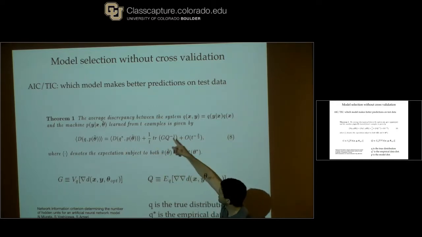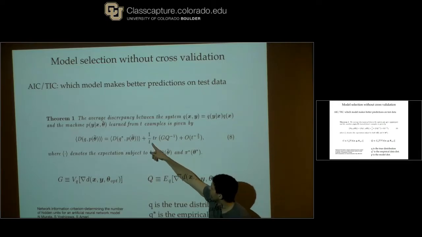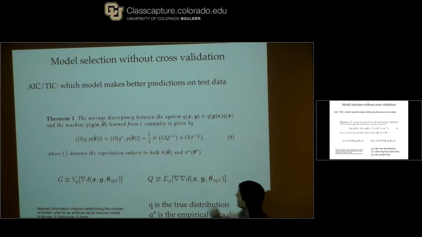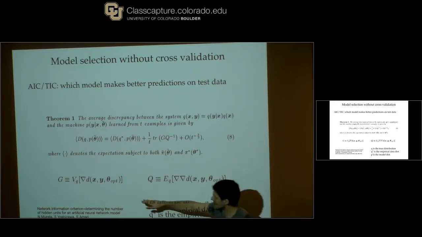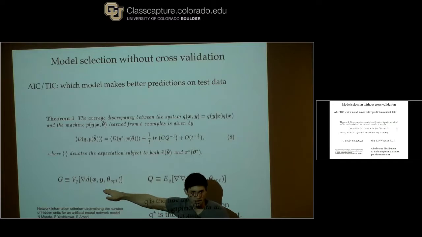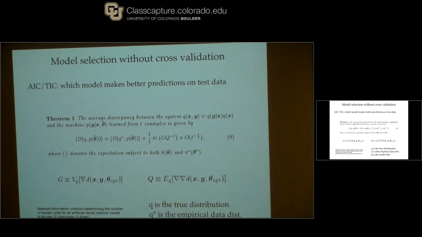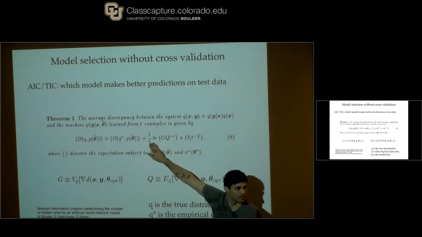So T here is actually the number of samples, not N anymore. Plus a term that's 1 over T times the trace of the product of two matrices. Q is the Hessian matrix, and G is the covariance of the gradients.